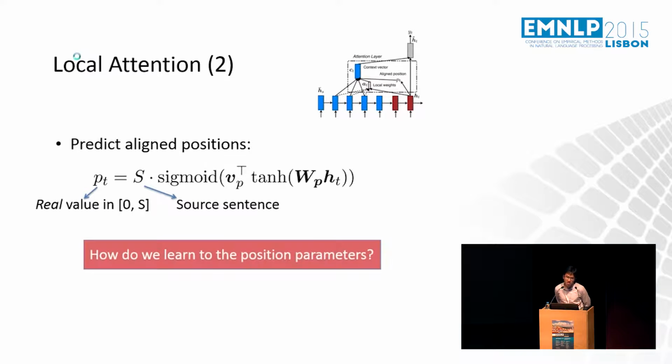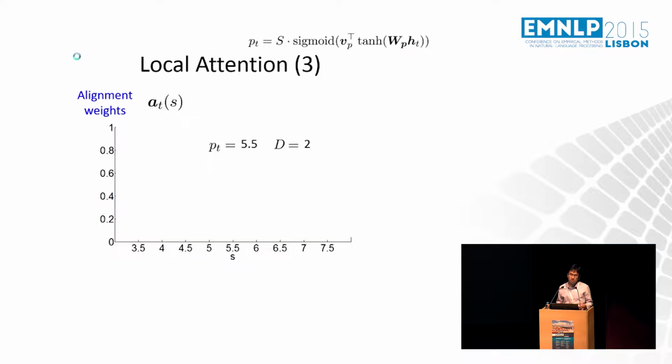But then another question comes up. How do we learn the position parameters WP and VP? Because if you look at this entire setup, there's no connection between this feed-forward network, WP, VP, and the rest of the model. So we have this nice trick where we plug it into our model.